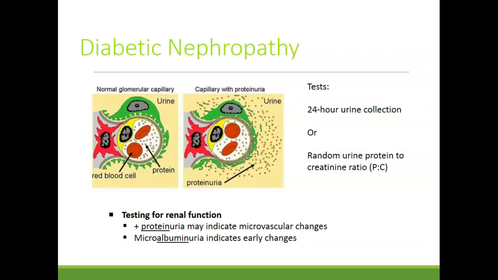A couple of tests that will check for damage: 24-hour urine collection or a random urine protein to creatinine ratio. If it is positive, you are looking for indications of microvascular changes. And microalbuminuria and proteinuria are the same thing.